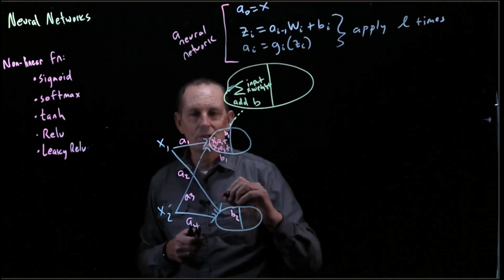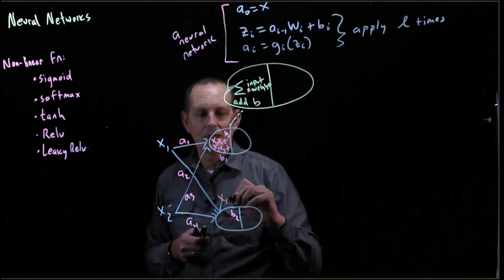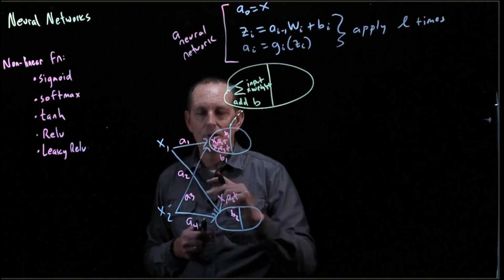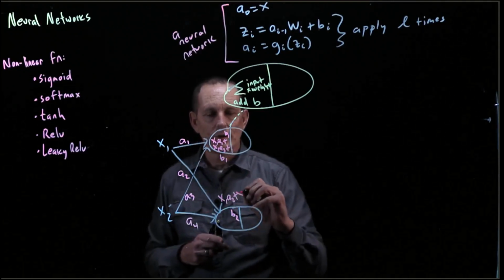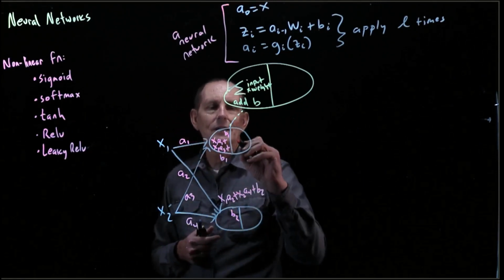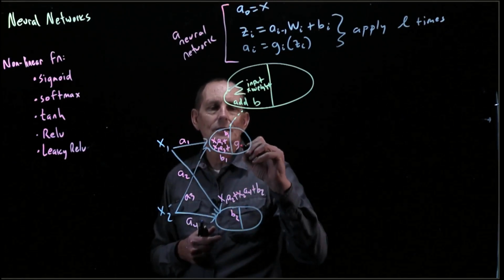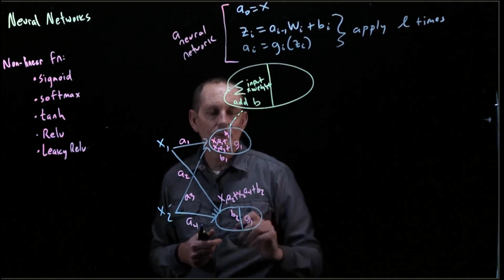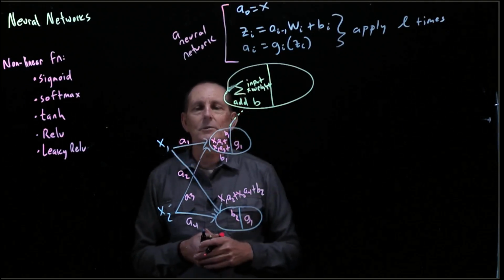And this one is going to be computing x1a2 plus x2a4 plus b2. And then we go ahead and apply g sub 1, which often, as we've talked about, is going to be a ReLU.